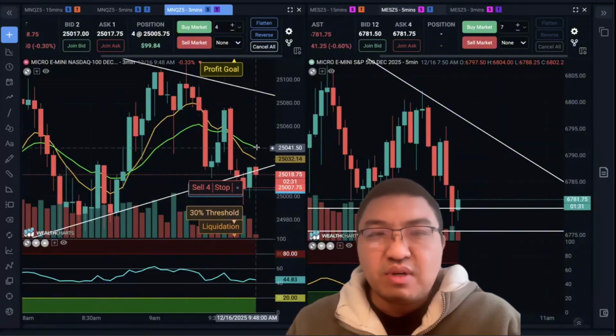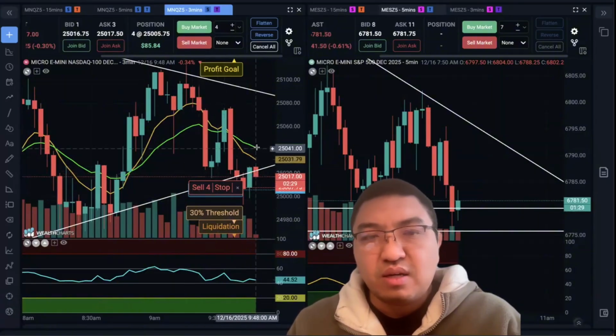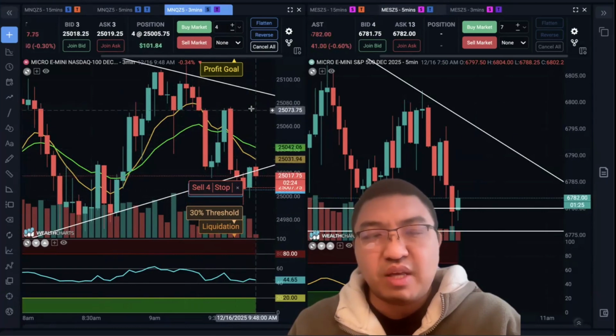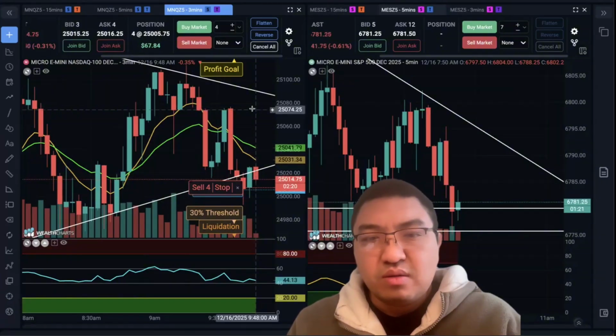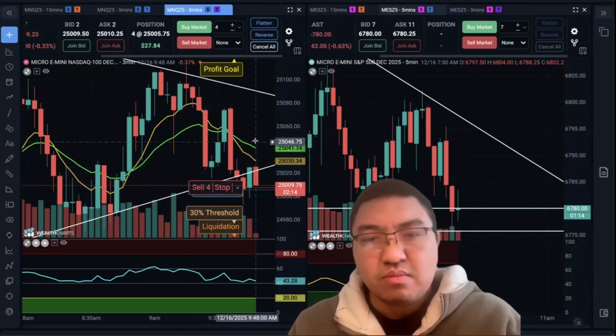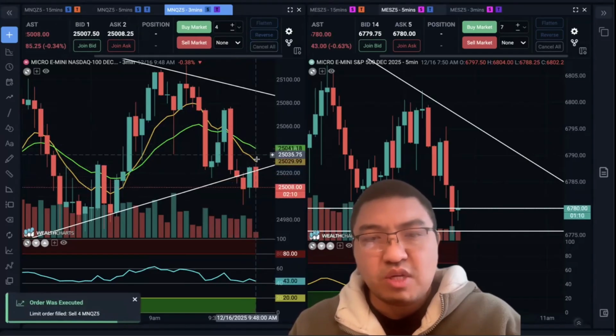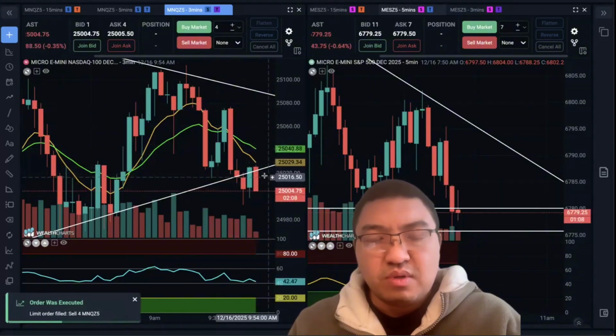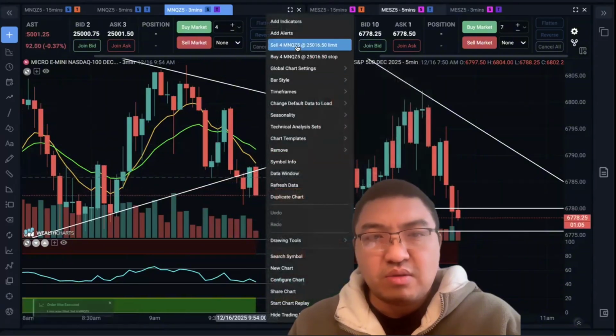If this keeps going up as a bullish candle, then I'll think of taking profit. A realistic point is here. Oh, just retest to here. Hmm. That's not good. So that means probably I need to sell.